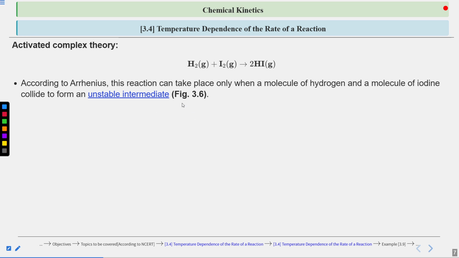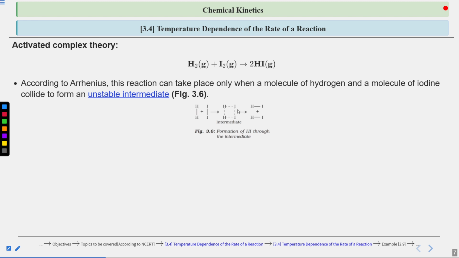Okay, let's see this in figure 3.6, which is given here. This is showing the formation of hydrogen iodide through the intermediate. Two hydrogen atoms combine to form one hydrogen molecule, two iodine atoms combine to form an iodine molecule, and the hydrogen molecule and iodine molecule react together, colliding together, or more specifically, forming an intermediate which is kind of unstable, because the intermolecular force will act upon it.